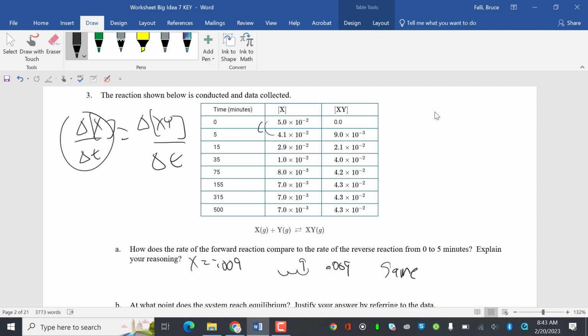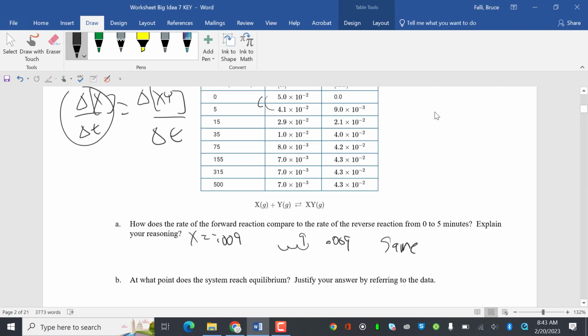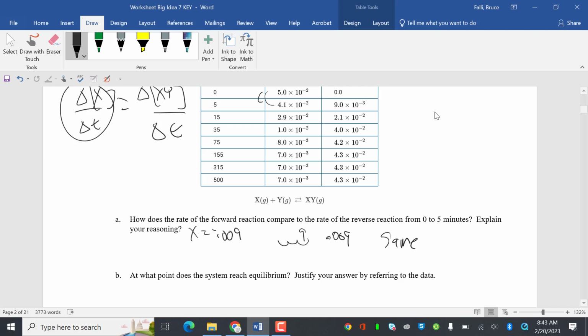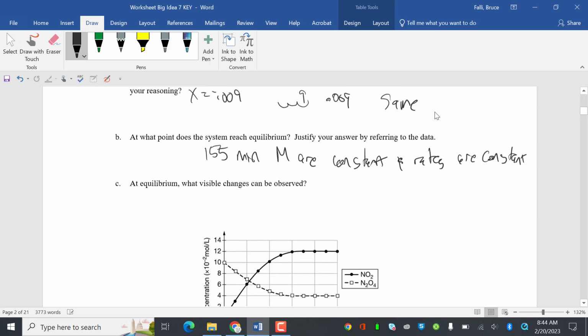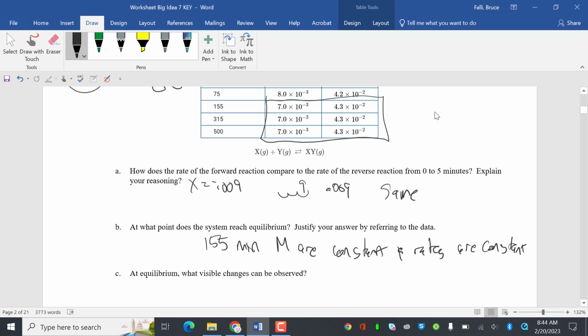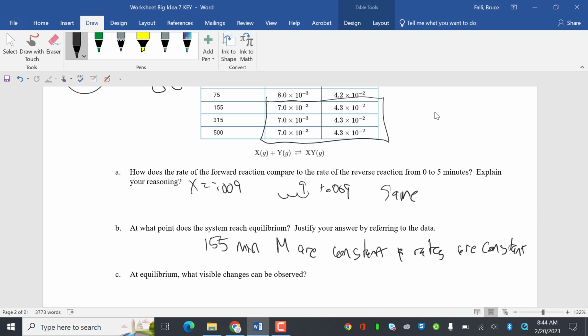Okay, the rates are the same, but the concentrations are changing. So where do the concentrations start to be the same? At 155 minutes, because molarities are constant and rates are constant. It's really weird that the rate was the same in the beginning, but that's because it's negative and positive, so those aren't the same.